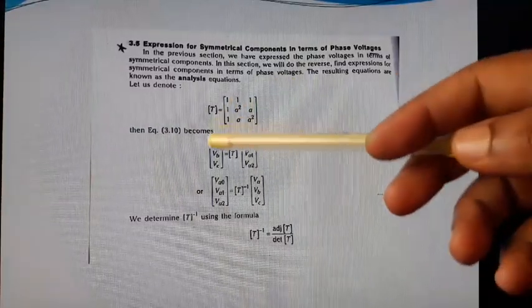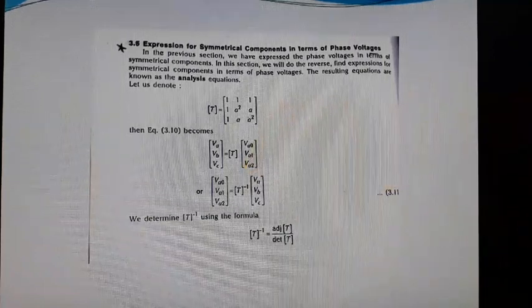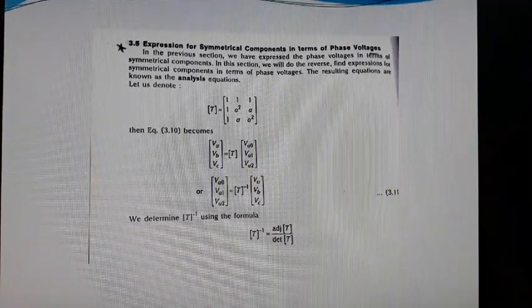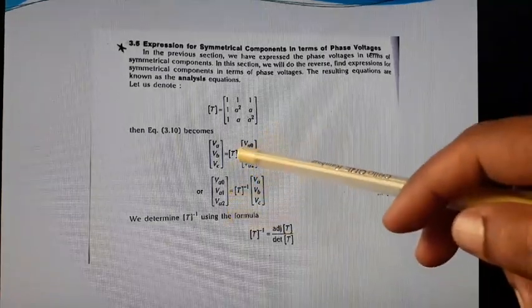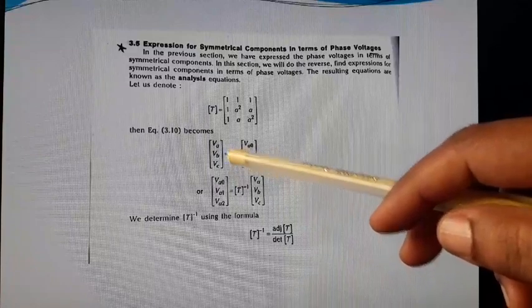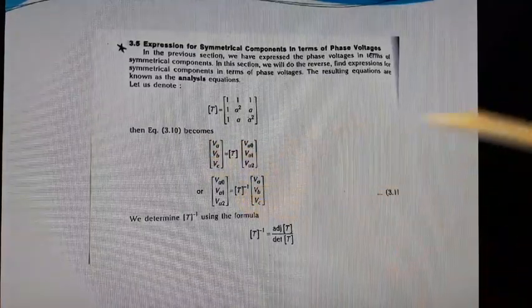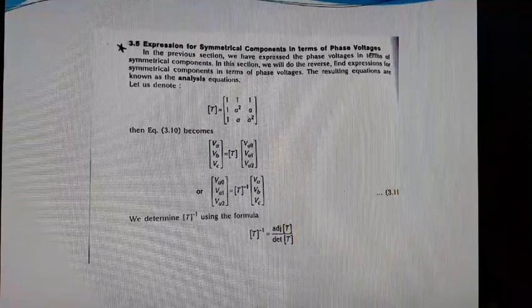Substituting in 3.1, Va Vb Vc equals T into Va0 Va1 Va2. Now Va0, Va1, Va2 can be written as, when T comes to the left-hand side, T inverse into Va Vb Vc.